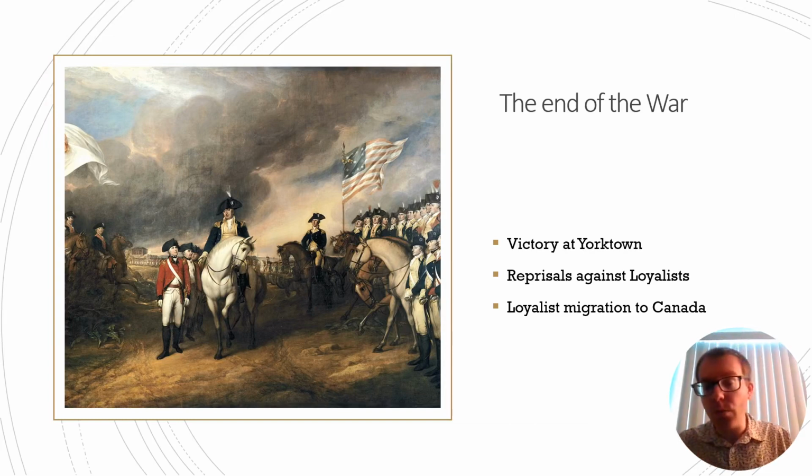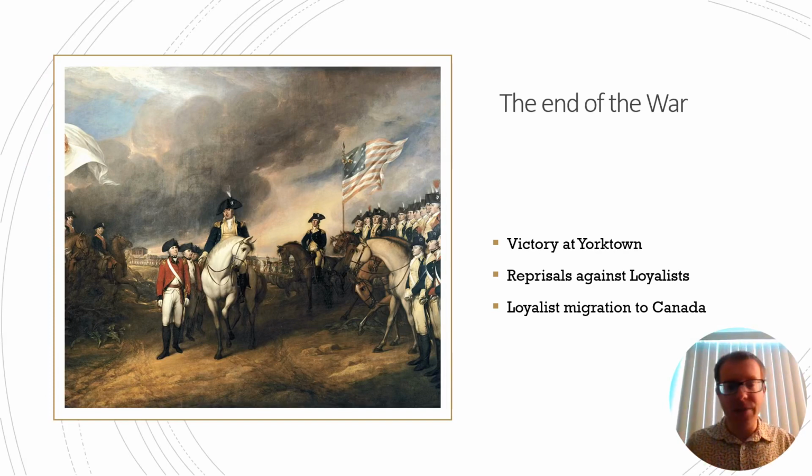They know which of their neighbors supported the British. And you, in fact, get a lot of reprisals against loyalists of the British Empire, where people attack them in the streets, try to take their houses, try to take their property. Certain people are brought up on charges of treason. So it's very dangerous to be a loyalist at the end of the American Revolution.